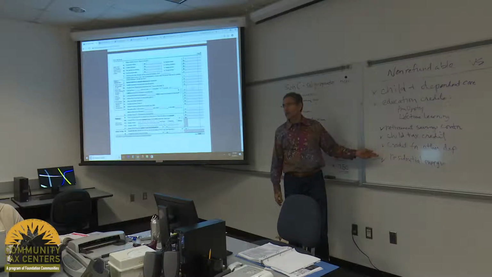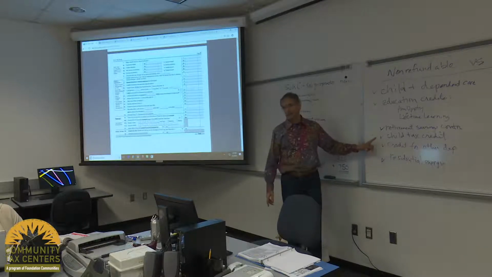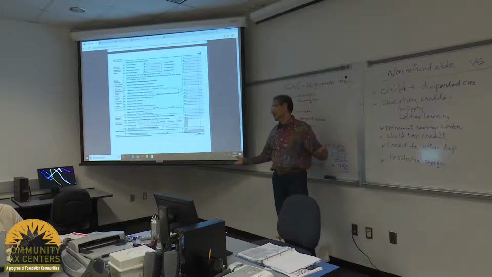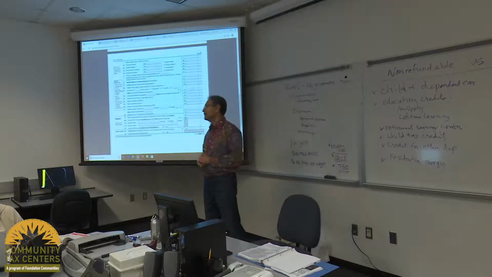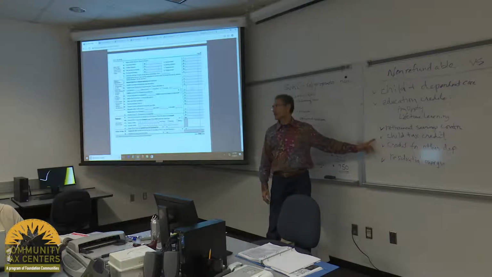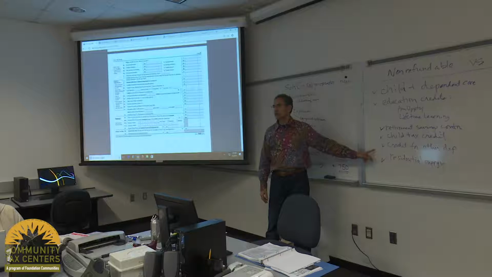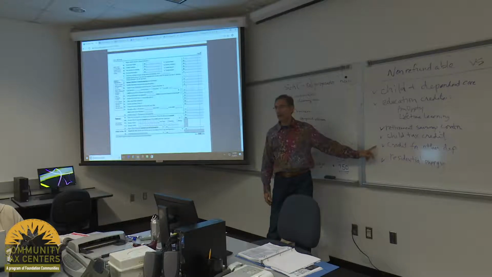Credit for other dependents, what's the maximum? 500. And who gets that? People that are over 17 years. Yeah, any other dependent other than the child. That's the other way to think about it, right? Any other dependent except for the child that was under 17 and had a Social Security number is ostensibly eligible to get 500.